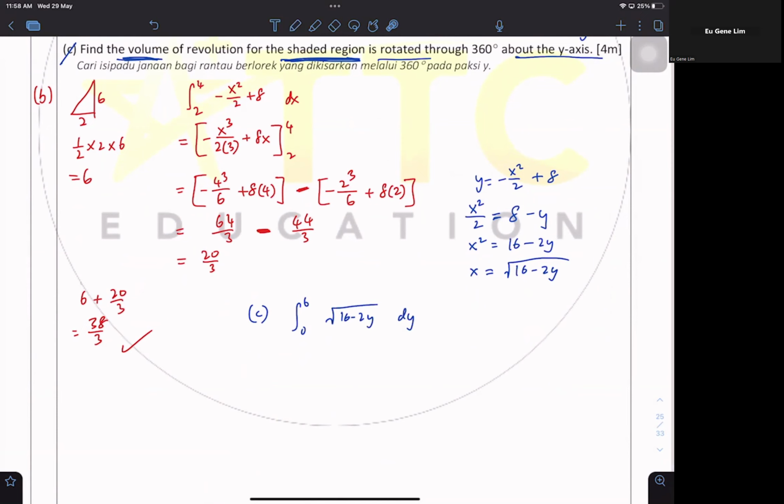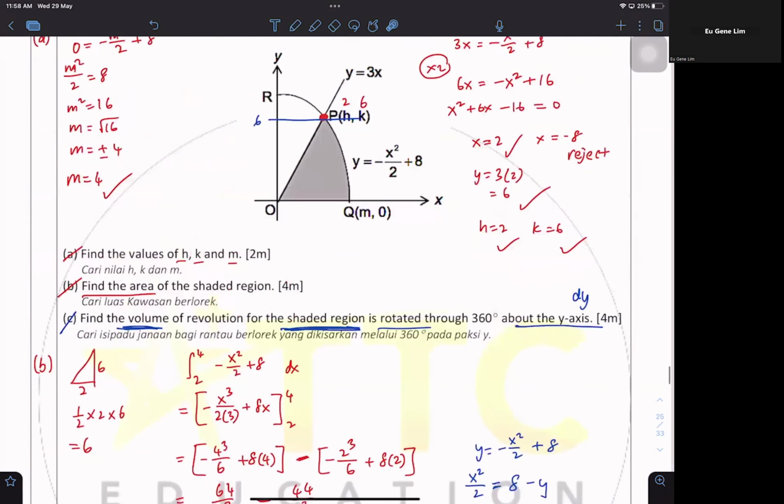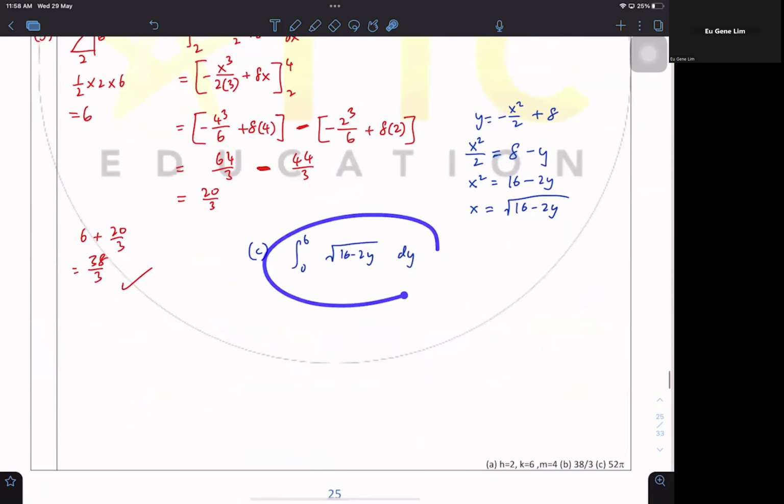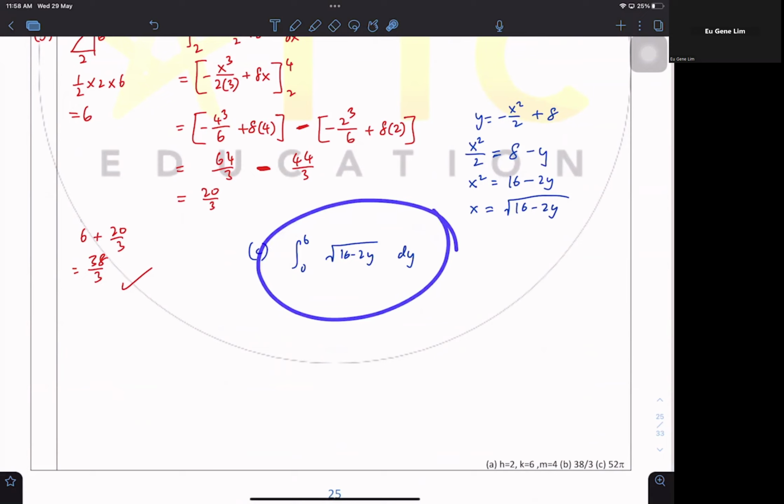Understand? Like this, again, integrate the curve. You get the area between the curve and the y-axis because dy. So this is how you should do it. But if you just do like that, this is just area, right?